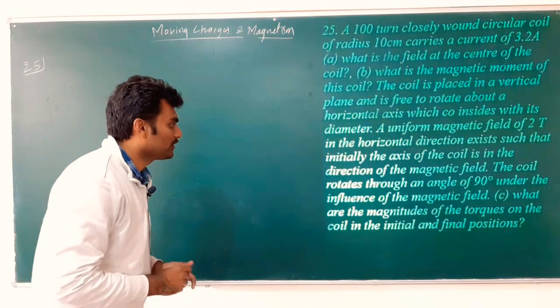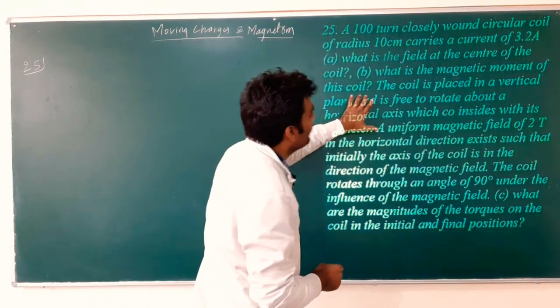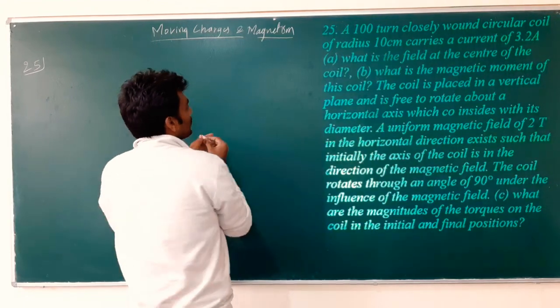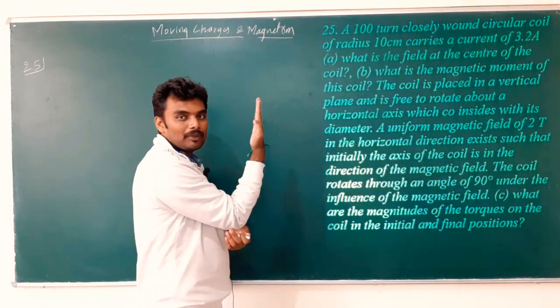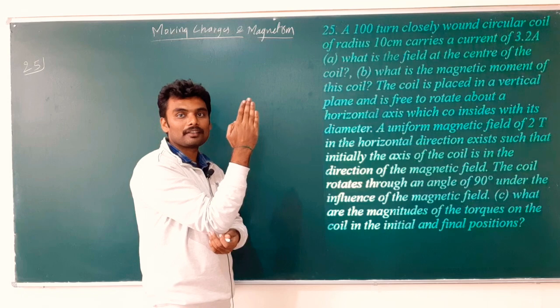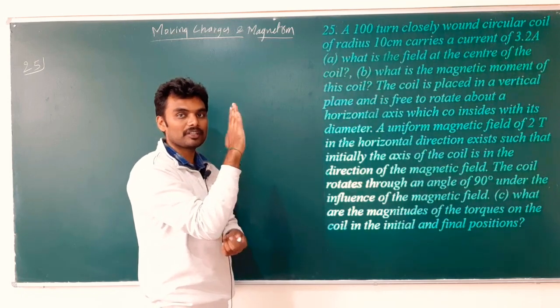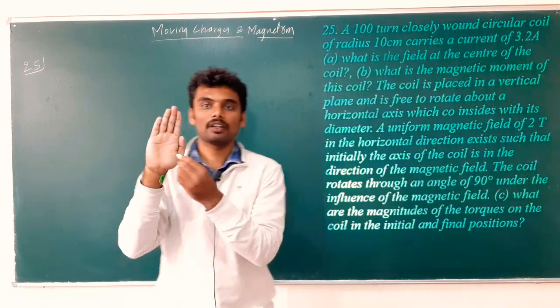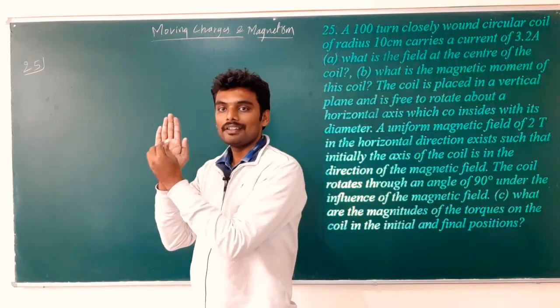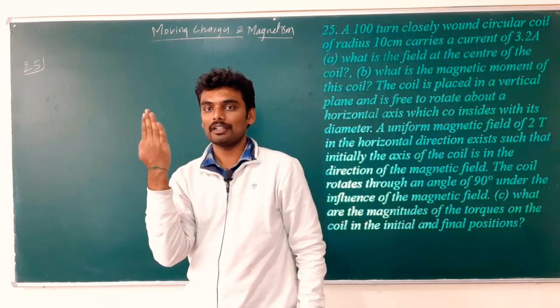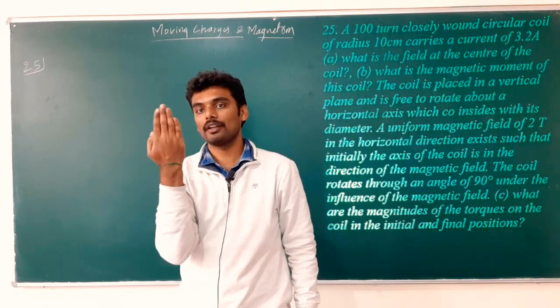Look at the situation here. The coil is placed in a vertical plane, right? So vertical plane means like this. It can be like this, or like this, or like this. It can be in any orientation, but it should be vertical. If this is the plane of the coil, it can be in any orientation like this.